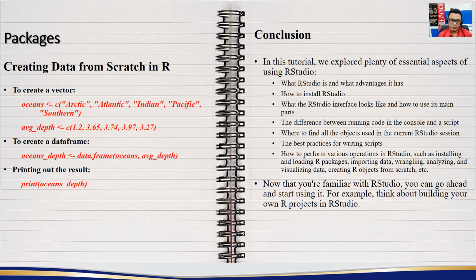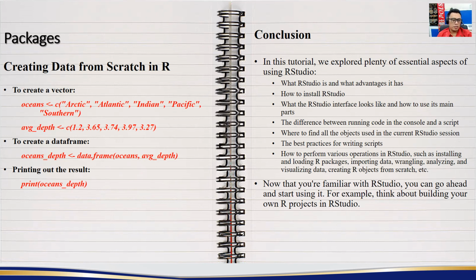Creating data from scratch in R, you can also make a vector. You assign that vector to a variable, such as ocean here, using the less-than dash assignment, and you combine Arctic, Atlantic, Indian, Pacific, and Southern. All of those are placed into ocean.